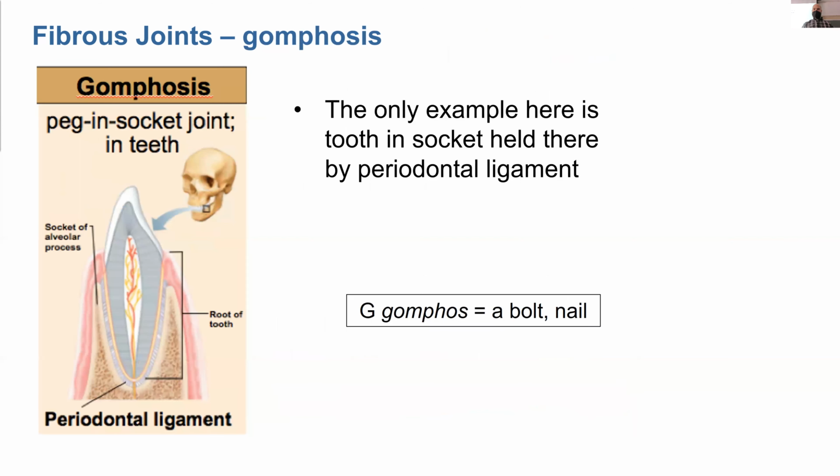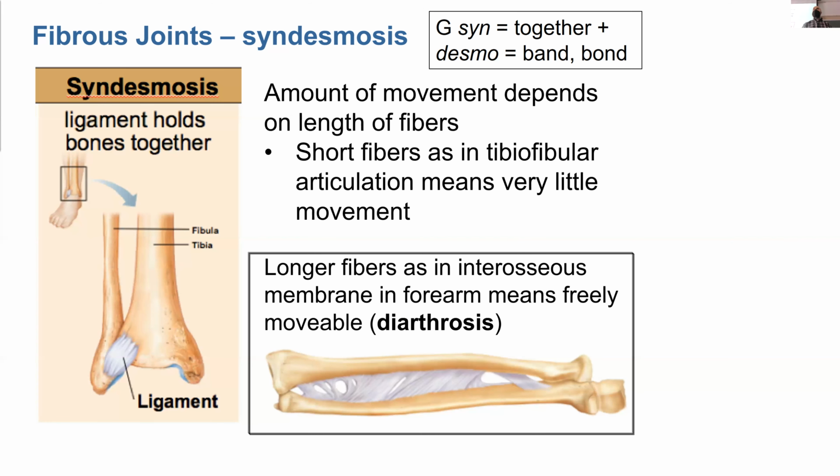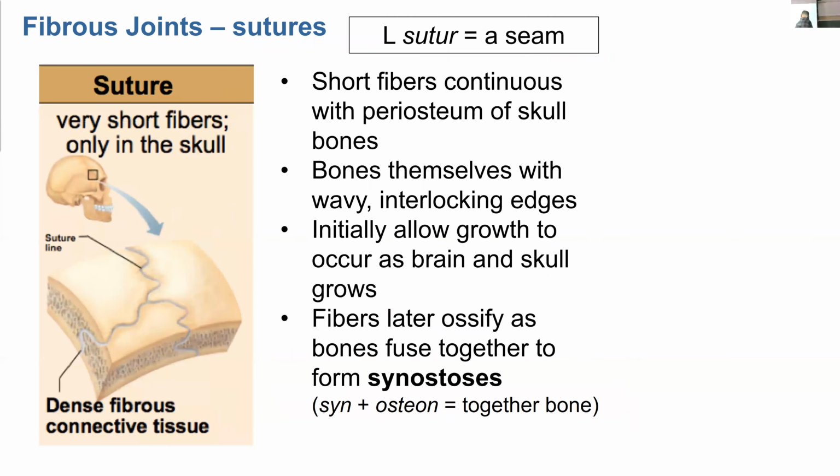And then let's see here. I've got one more kind of fibrous joint. So just to refresh your memory, actually, let me put this up on the board. This will make it a little bit easier to make sure we're getting the big ideas here. We've got three kinds of fibrous joints.